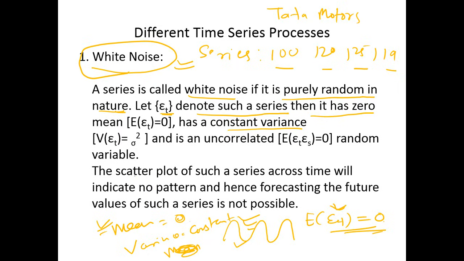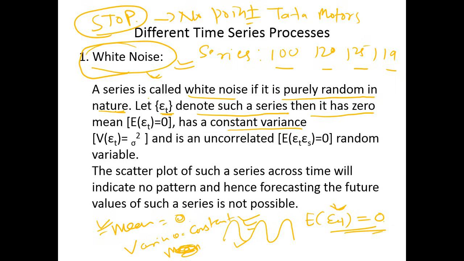In this case, if you do a scatter plot, you won't find any pattern in the data. Hence, if a time series shows white noise features, you should stop doing time series analysis. There is no point doing time series forecasting, because this is a series which cannot be used for forecasting.